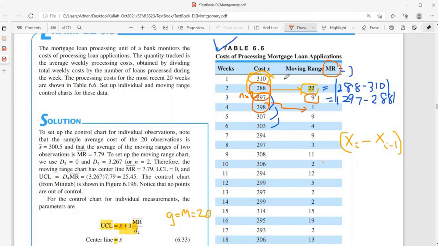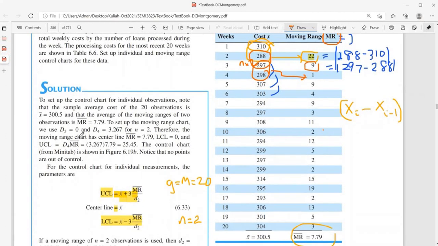Moving range. If you see the solution here, we get the average of MR. The MR average was 7.79.